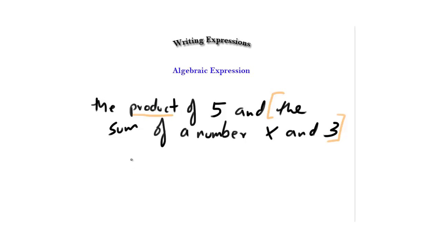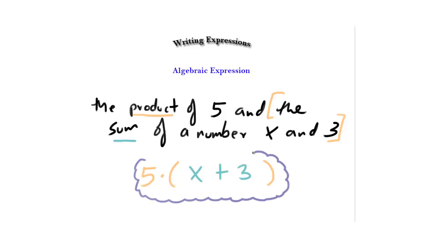Let's take care of that one first. So we have product, so that's going to be multiplication, 5 times, let's put parentheses around here. Now we'll take a look at what's inside the brackets here. Sum of a number x and 3, so that's addition. Take the x plus the 3. So this algebraic expression represents the word phrase here.